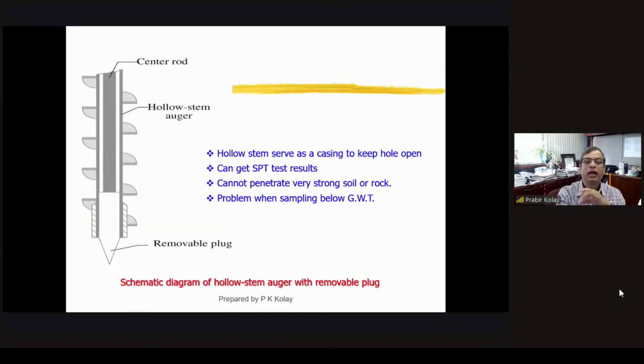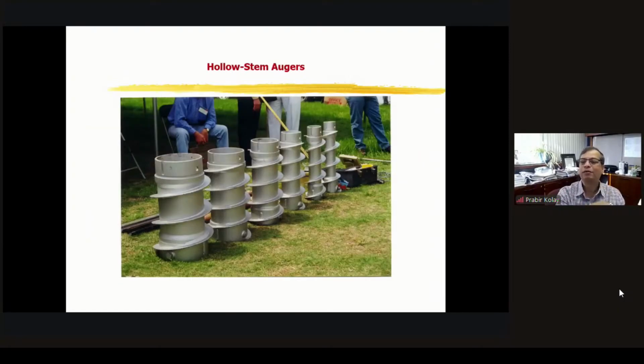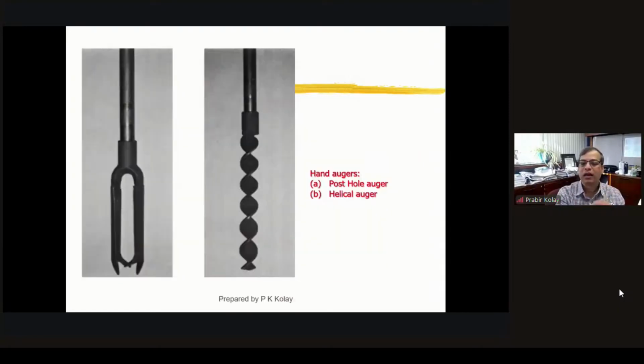With the hollow stem auger, you can get SPT sample test results. It cannot penetrate very strong soil or rock, and there is also a problem when sampling below the groundwater table. If the groundwater table is there, you cannot use this. There are different types of hollow stem auger; how it looks, I already mentioned.